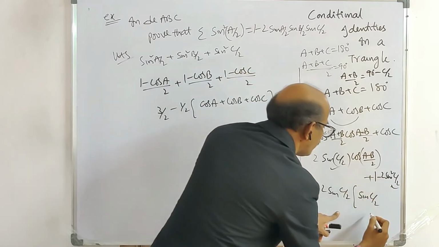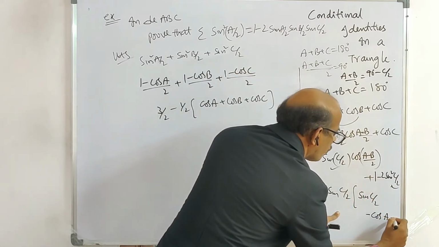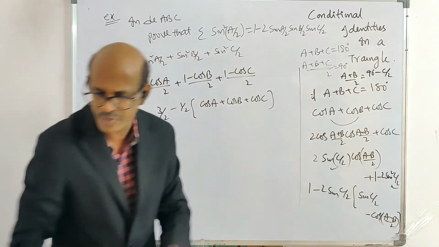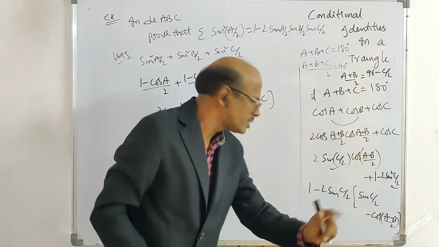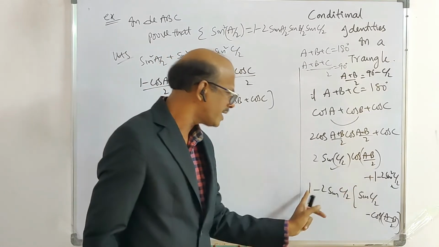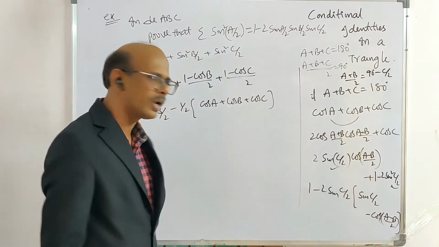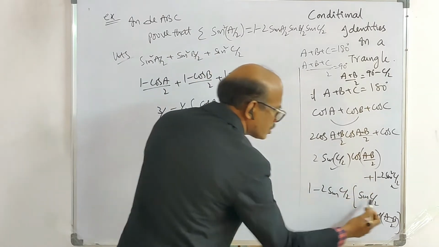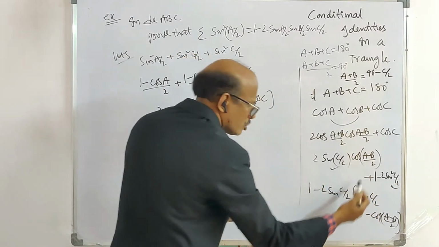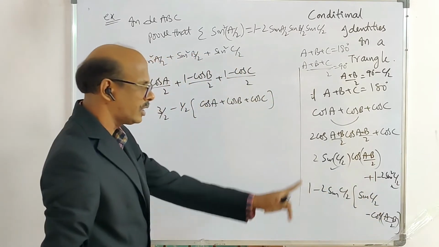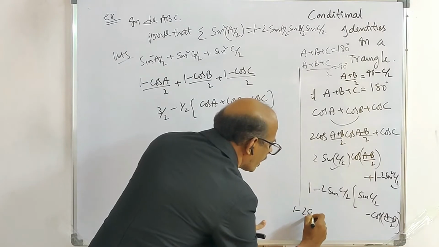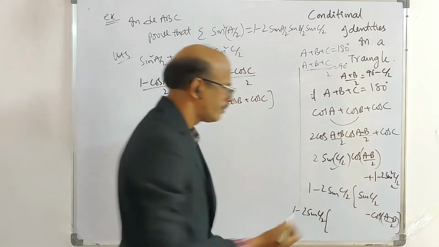Okay, and next it will be minus of cos of (A minus B) by 2. First you concentrate about this step, then further steps will easily be grasped. 1 as it is and minus 2 sin C by 2 common. So by taking minus 2 sin C by 2, this will be without affecting the parent step. So the previous step, it will be minus 2 sin square C by 2, correct, and it will be right. So okay, now 1 minus 2 sin C by 2 as it is.